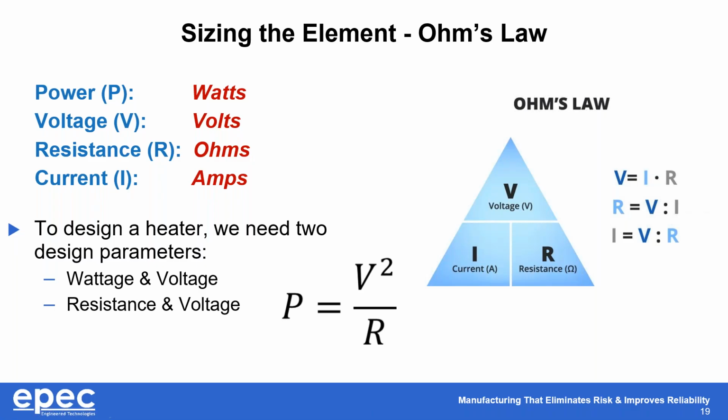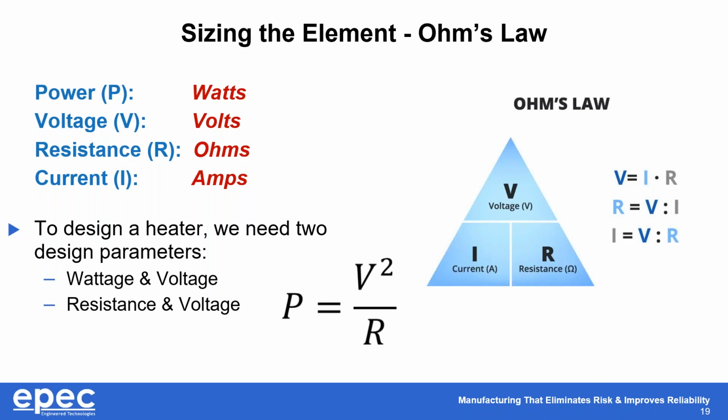So next, we'll talk a little bit about how to size the element. For those who are familiar with Ohm's law, it relates voltage, current, and resistance, and therefore power, because it's the same within that family.